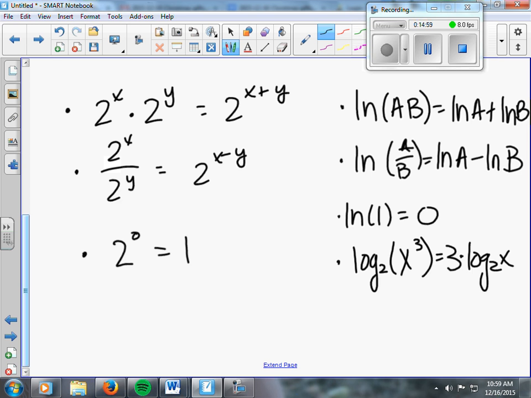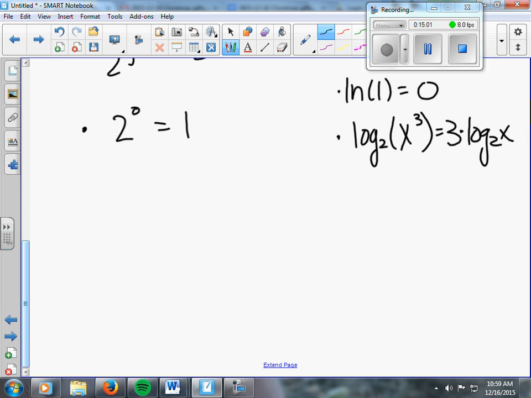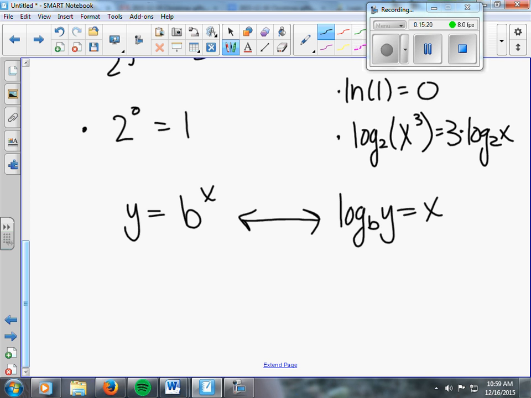And one of the most important things about exponentials and logarithms is the definition of a logarithm as the inverse of an exponential. And so if y equals b to the x, then written in logarithmic form, this is log base b of y equals x.